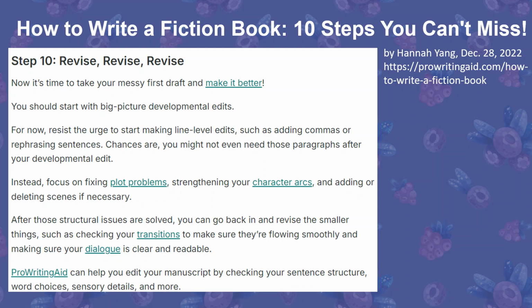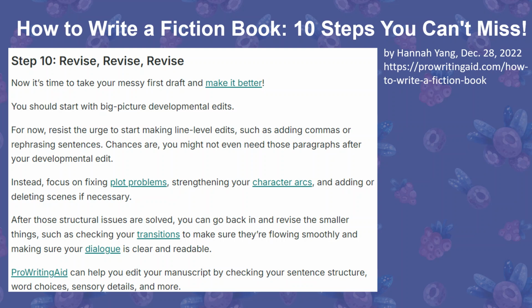There are some sentences that are rephrased or made to read smoothly, but adding commas. It's not just about adding commas. Oh my gosh, there is so much entailed in saying line level edits or line editing.